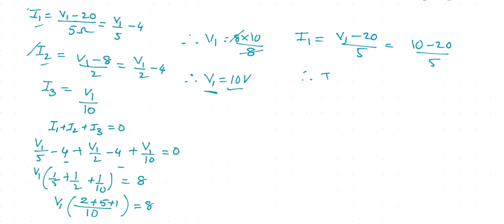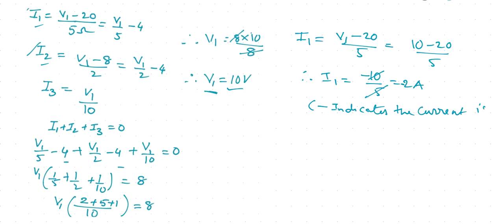Therefore I1 equals minus 10 by 5, that is minus 2 amperes. The minus indicates the current is in the opposite direction, so you have to note that down.